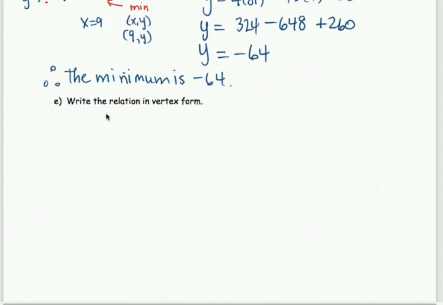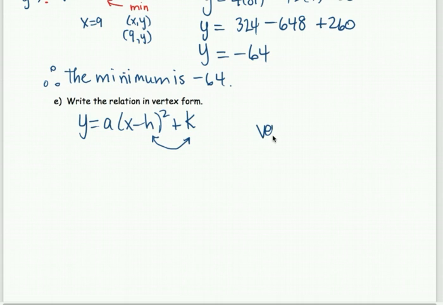Now we have to write it in vertex form. So again, coming back to reviewing stuff from before. The vertex form looks like this. This was the first form that we analyzed when we started to look at the quadratics. Just a reminder, whenever you looked at this form, the vertex is right there.